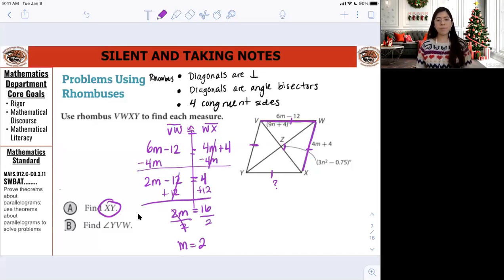So how do I figure out the length of yx? Anybody?